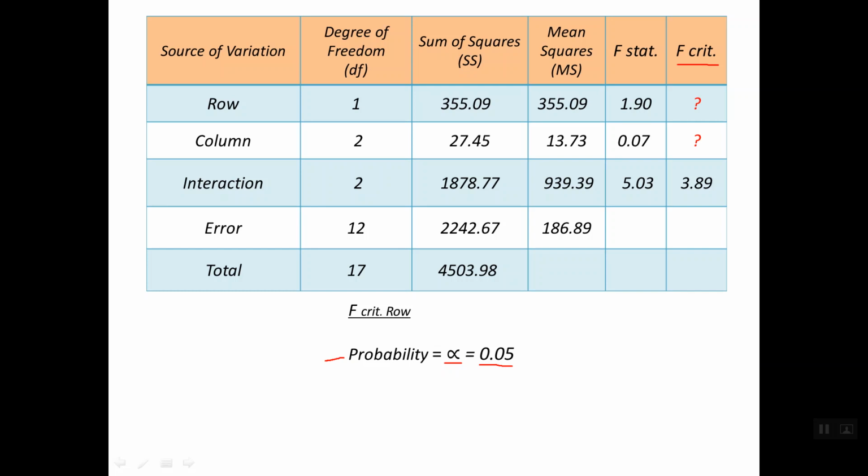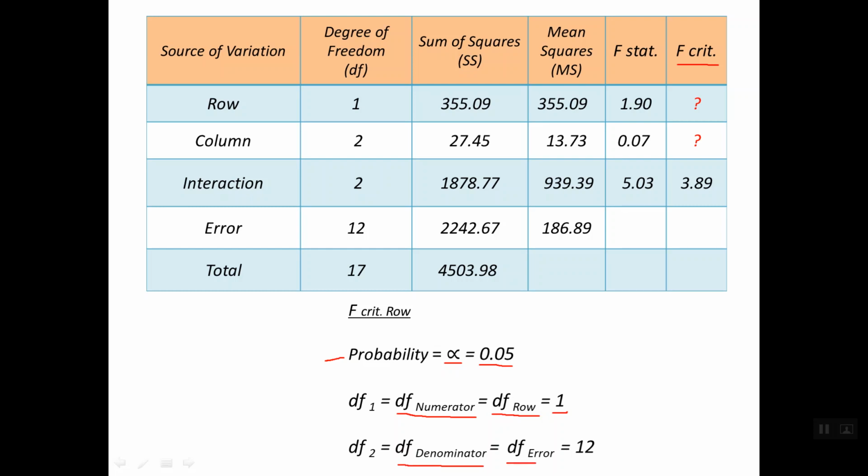And again, in order to get the value of the F critical, we need to know 2 degrees of freedom. The first one is called the degree of freedom in the numerator, which is actually the degree of freedom for the first factor. It is 1. And the second value, called the degree of freedom in the denominator, is simply the degree of freedom for the error, and it is already known, it's 12.